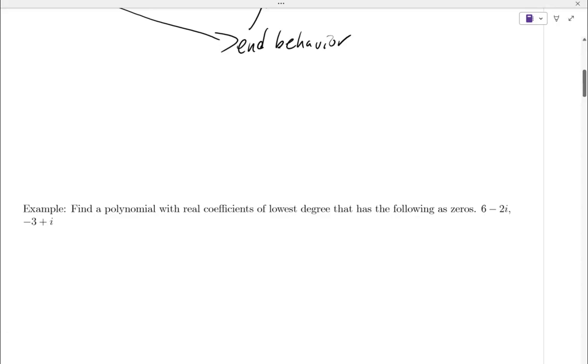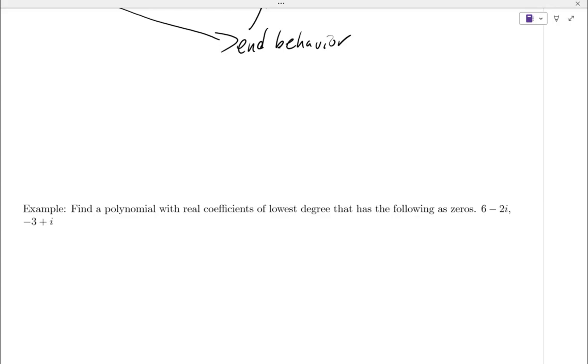You want to find a polynomial with real coefficients with the smallest degree possible that has those two things as a root. So this is just illustrating that theorem we talked about at the beginning. If we know that 6 minus 2i is a root, is a 0, what else has to be a 0? Good, 6 plus 2i.